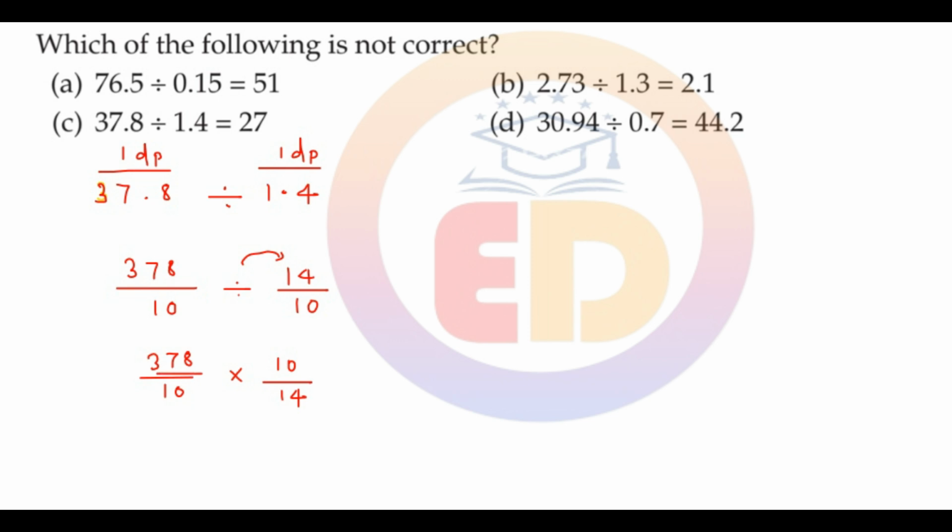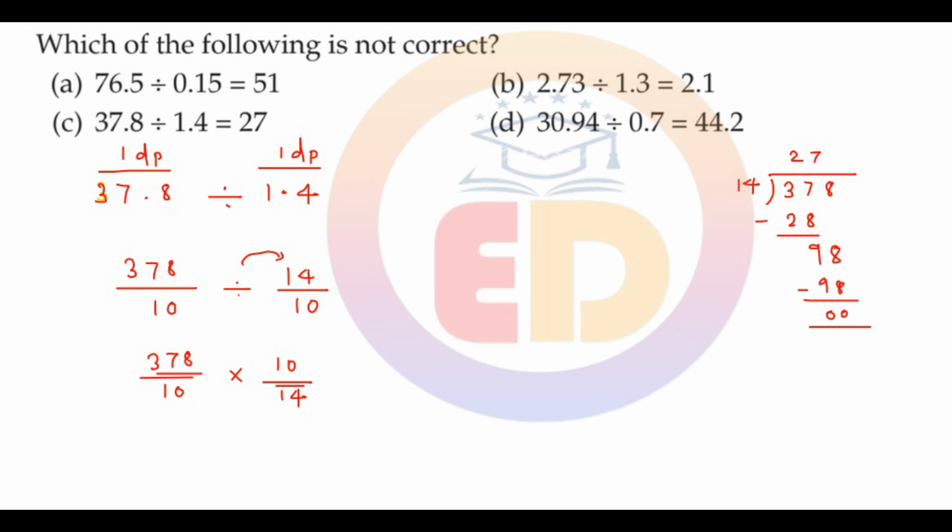Let's divide 378 by 14. 14 twos are 28. This is 9. Take the 8 down. 14 sevens are 98. Our division is complete.